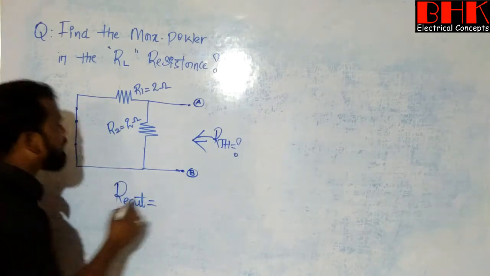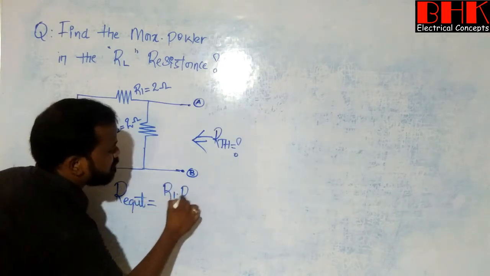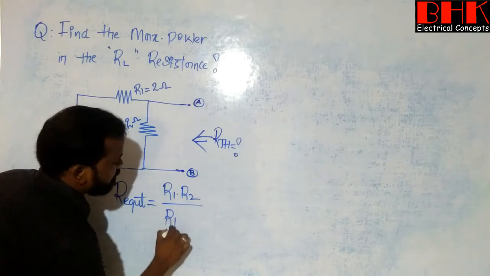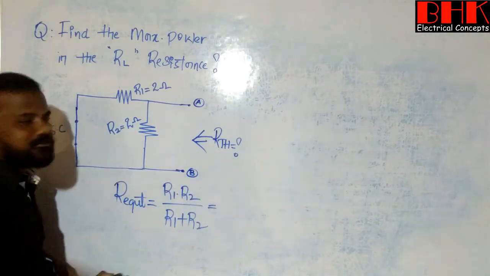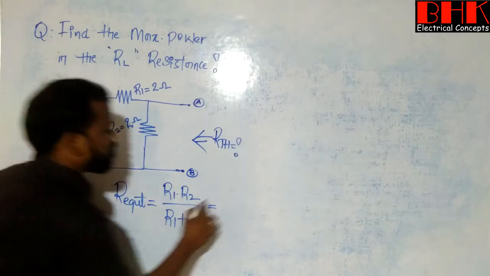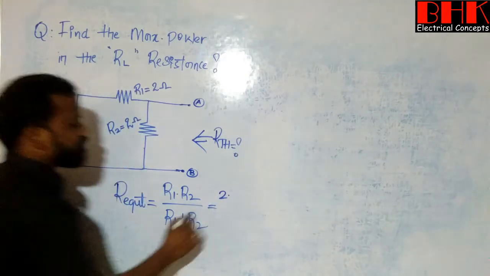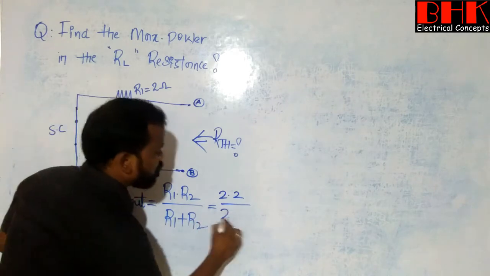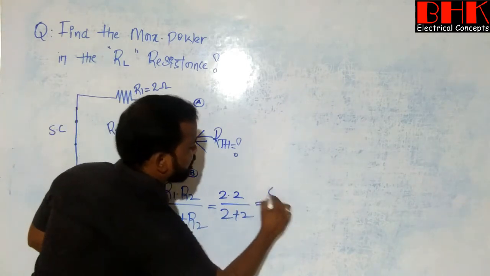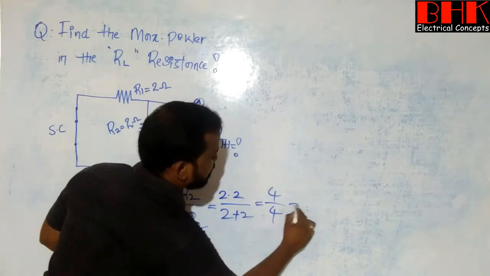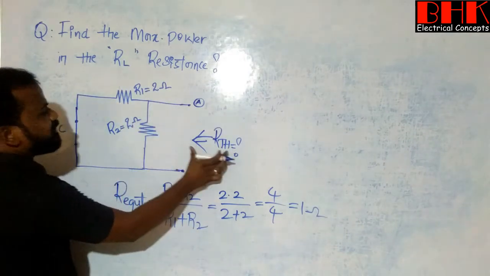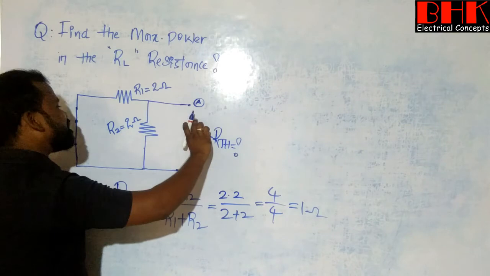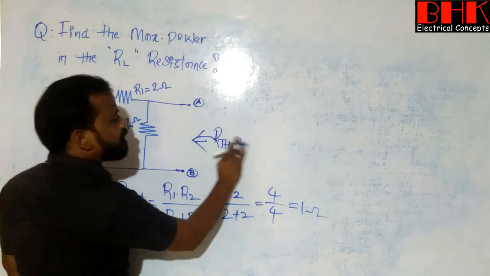Both are connected in parallel, which means R1 into R2 divided by R1 plus R2, the product of two resistances divided by the addition of two resistances. Now R1 is how much? 2. R2 is how much? 2. So 2 into 2 divided by 2 plus 2, 2 twos are 4, divided by 4, is equal to 1 ohm. Clear?